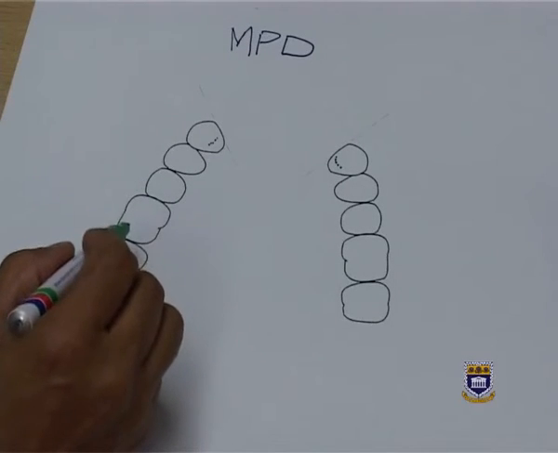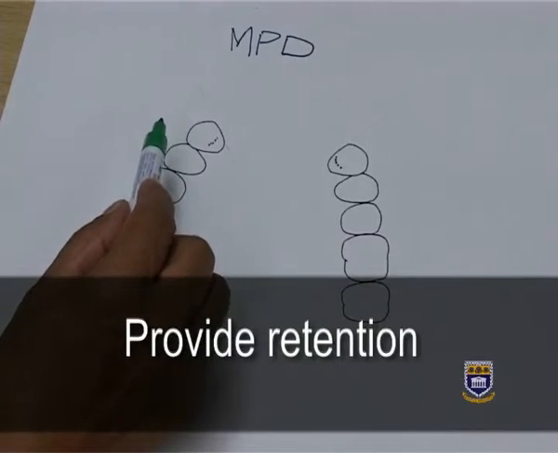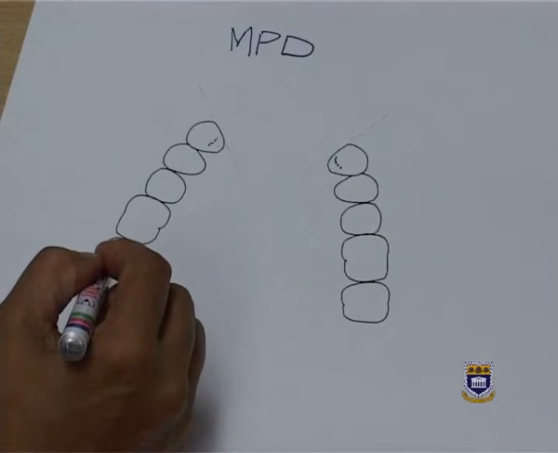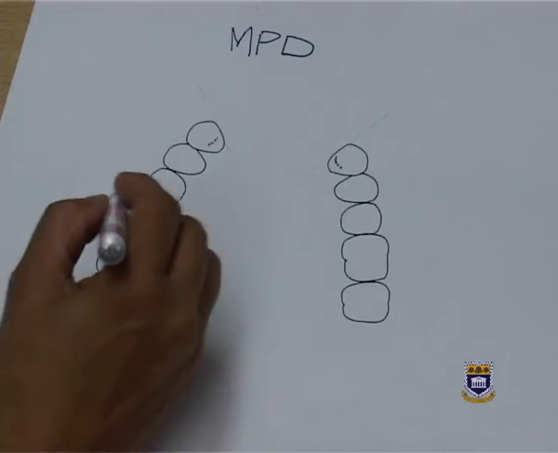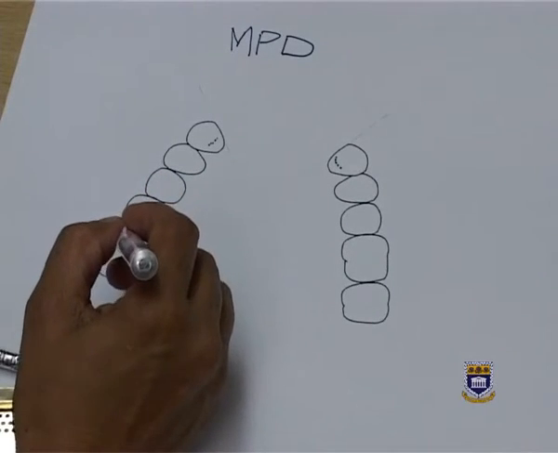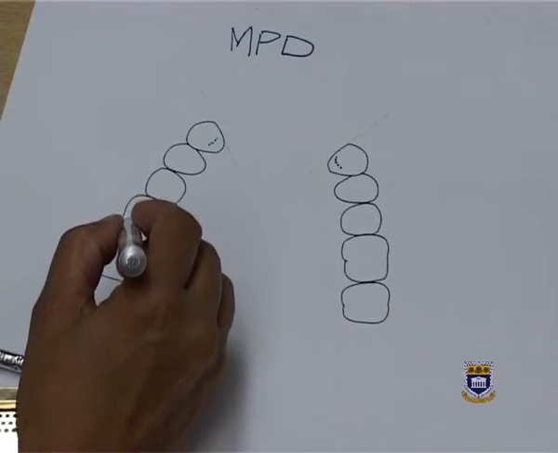So the second step is to provide retention. Because this is a metal partial denture, I'm going to use a circumferential clasp, not a C-clasp as in the acrylic partial denture. A circumferential clasp has 3 components. It has a rest, an active arm, and a reciprocating arm.